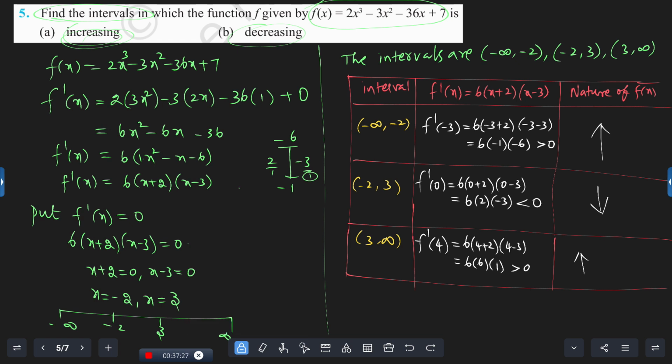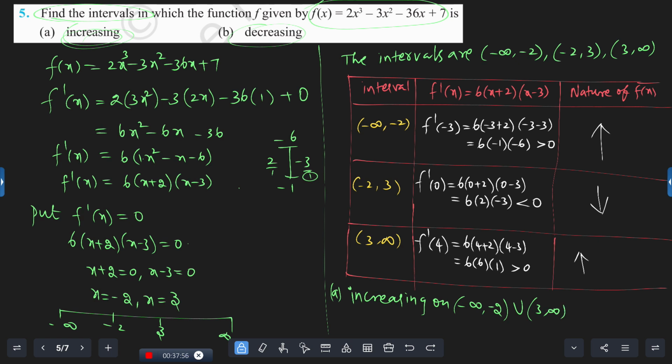So A is increasing on minus infinity comma minus 2. Children, listen. Here you can write 'or', or you can give union, because if you have increasing in two intervals, you can give union 3 to infinity.